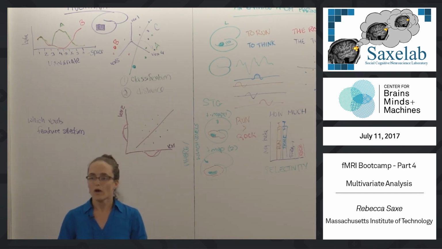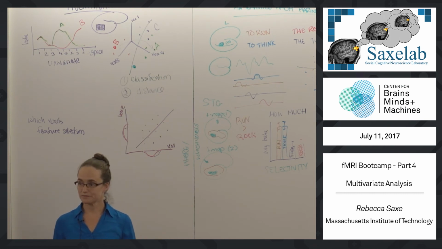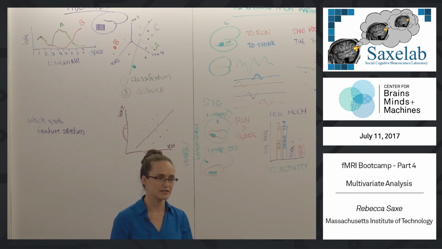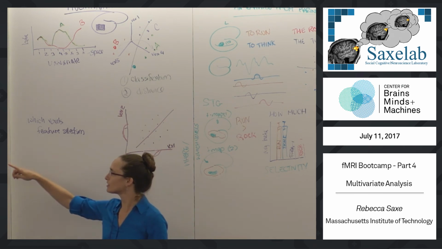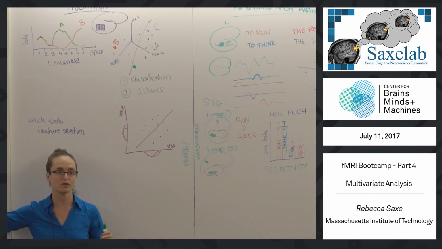So one thing that you might see, or you might want to do, is the version of multivariate pattern analysis which is most similar to the whole brain group analysis we did in the univariate case. That is where you want to know where there is information that can be used to do some classification problem.